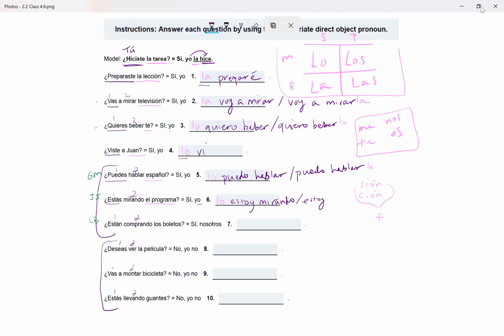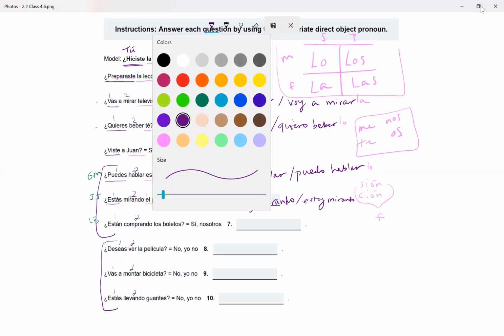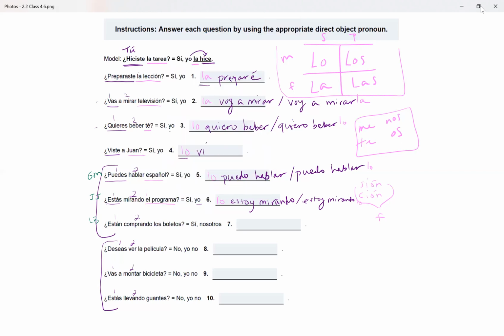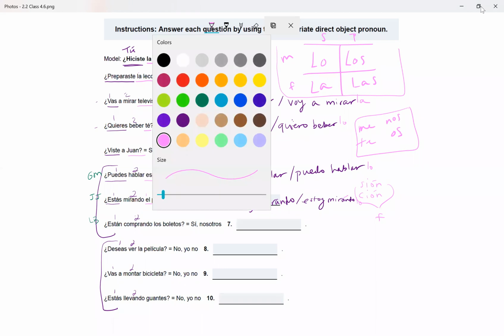Estoy mirando lo. Yep. And when we put it on the end of a gerund, we just need a little accent mark on the A, or on the E if it's a yendo verb. Okay. Estoy mirándolo or lo estoy mirando are both great. Thank you, Jameson. Lena, what do we think?